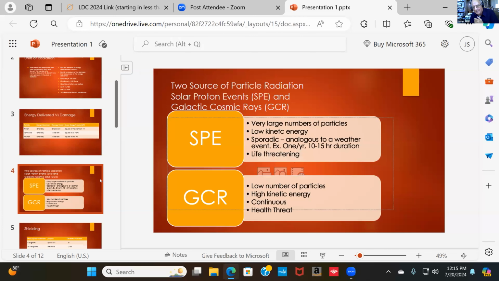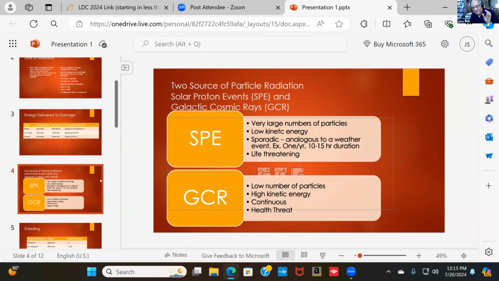Now, the galactic cosmic rays, they are a relatively low number of particles, but they have high kinetic energy. They are essentially continuous, and they represent a health threat rather than being life threatening. So in galactic cosmic rays, we think in terms of the risk of developing cancer from the exposure to this radiation.